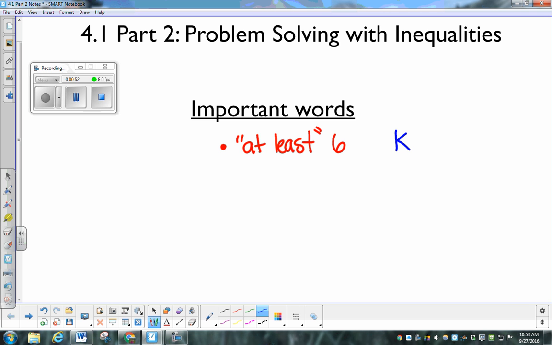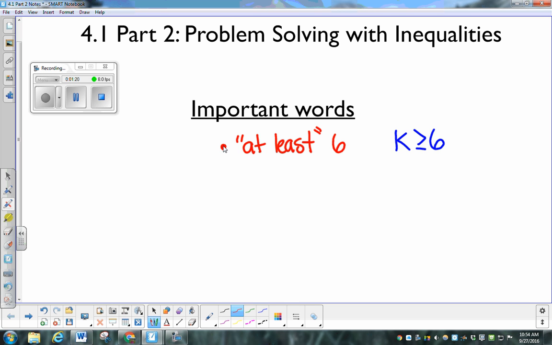So we're going to use the variable k. The smallest it can be is 6. Can't be any lower, so it must be greater than 6. Now you want to think about, could it be 6? Well, if I said you're at least 6 years old, you could be 6 years old. So k is greater than or equal to 6. This is the same as saying k is at least 6. It could be bigger than 6, could be 6. Greater than or equal to.